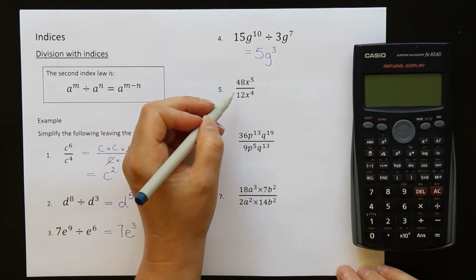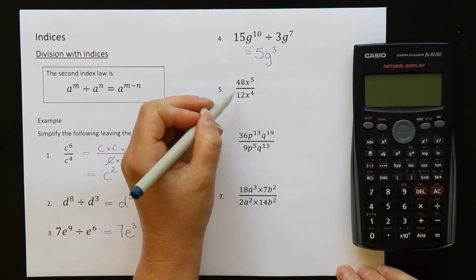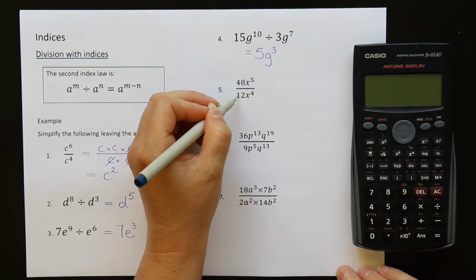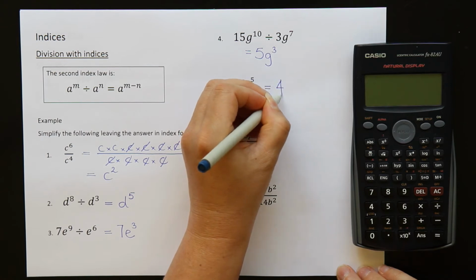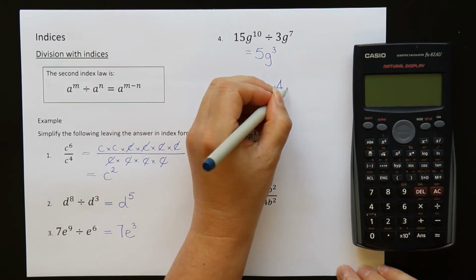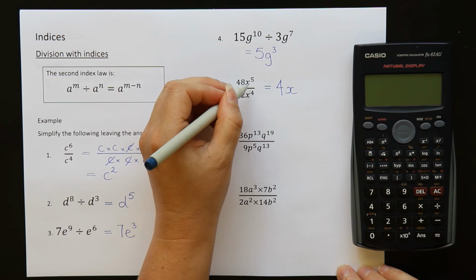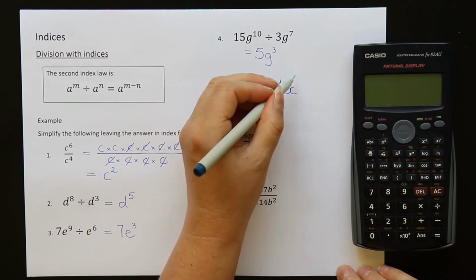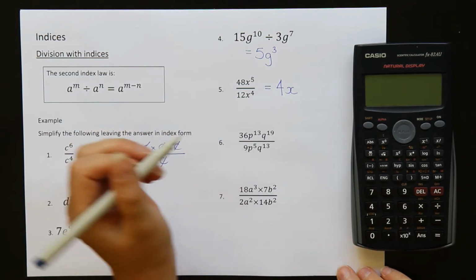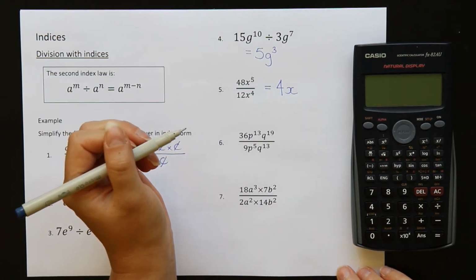Okay, going back to fractions again, same kind of thing. 48 divided by 12 goes 4 times. X is the base, and I subtract the powers. 5 minus 4 is 1, but I don't need to write the 1, I can just leave that as 4x.